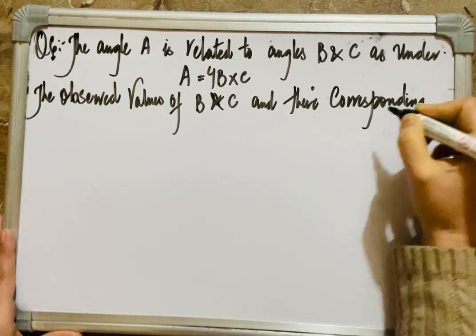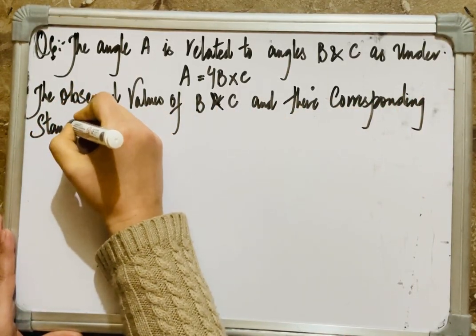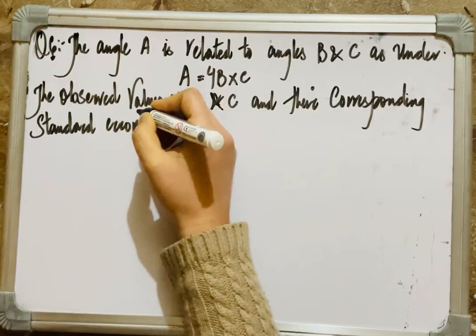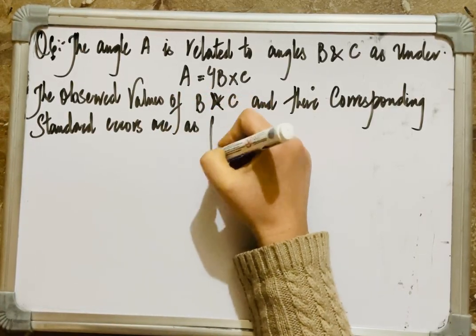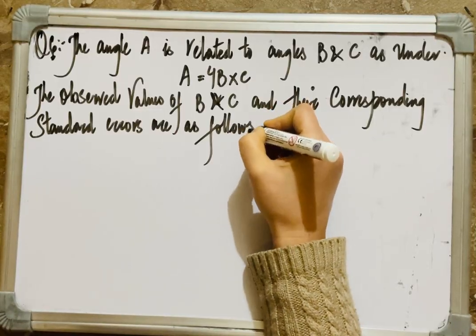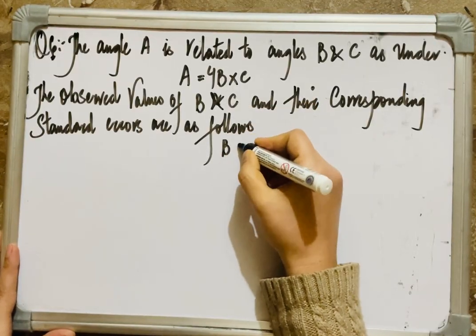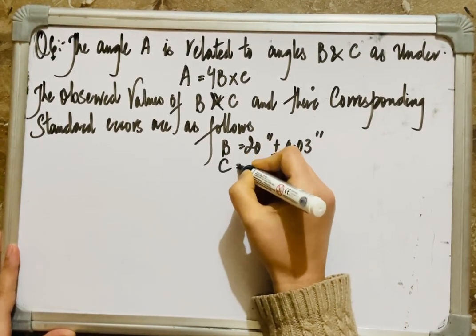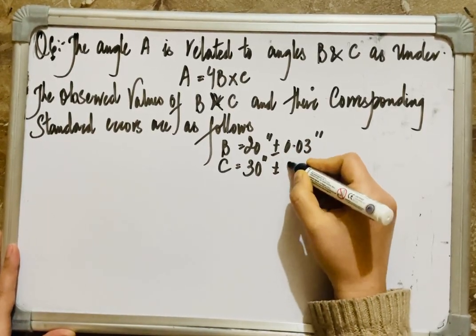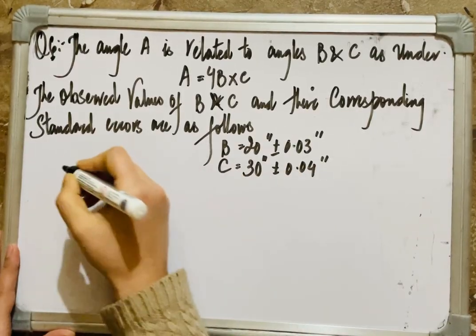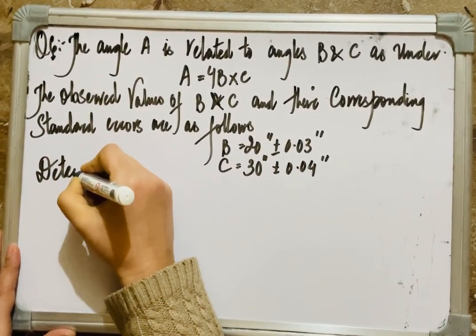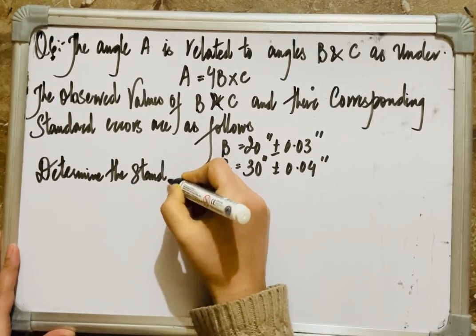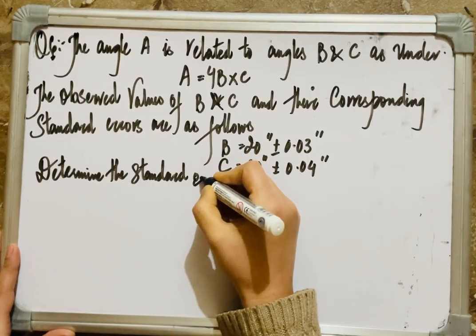As already discussed, the modern trend is to use standard errors instead of probable errors. Standard errors are as follows: B is 20 seconds plus minus 0.03 seconds, and C is 30 seconds plus minus 0.04 seconds. We have to determine the standard error of A.